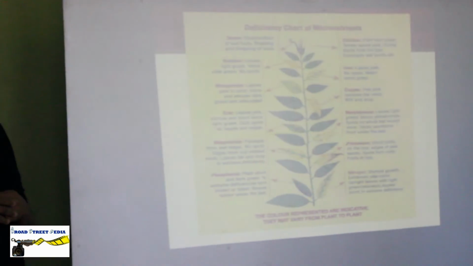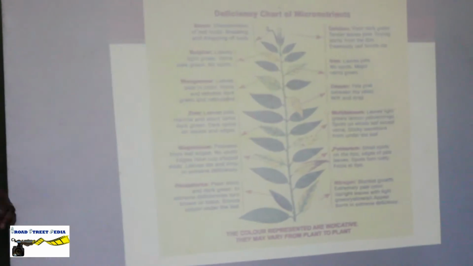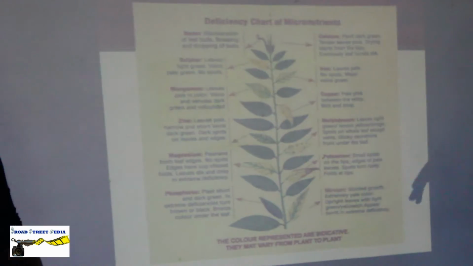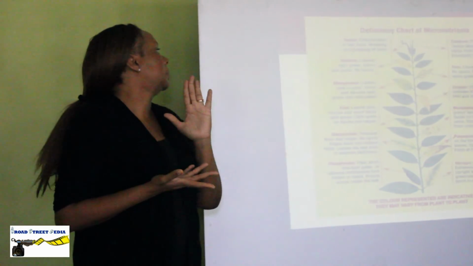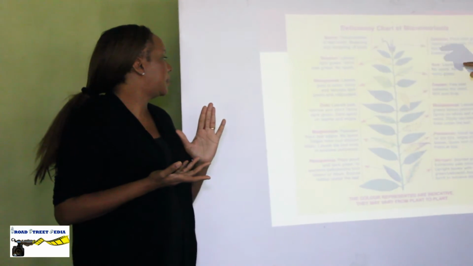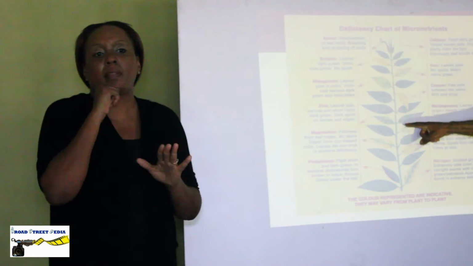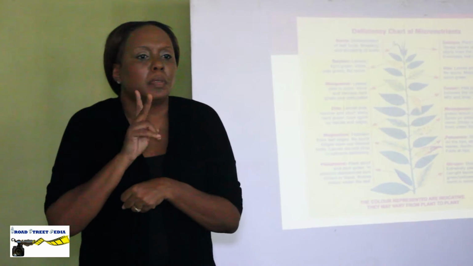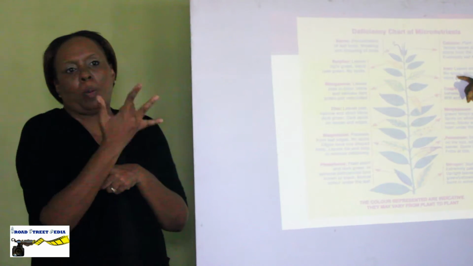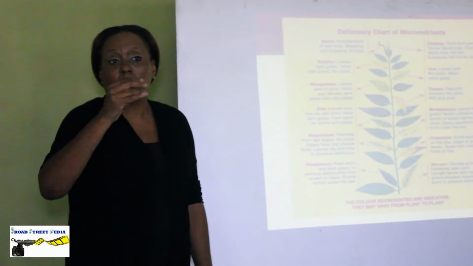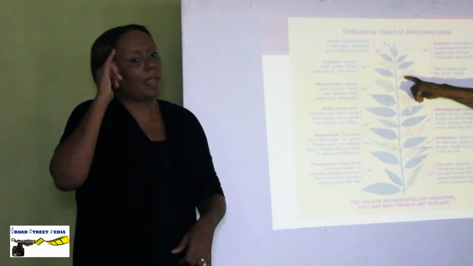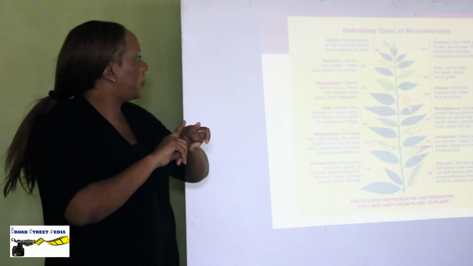Okay, this slide, I'm not going to go through everything, but we'll leave copies of this slide with you. What this slide emphasizes is that for every lack of nutrients, you'll see it in the leaves of the plant. For example, this one is iron. When it's lacking iron, the leaf turns yellow, but the veins of the leaf remain green.